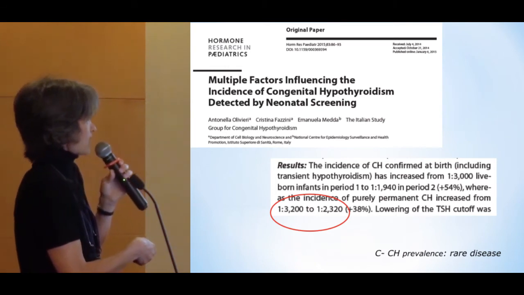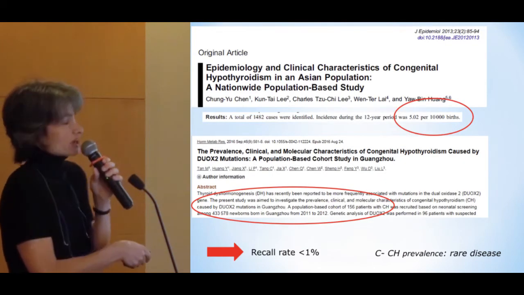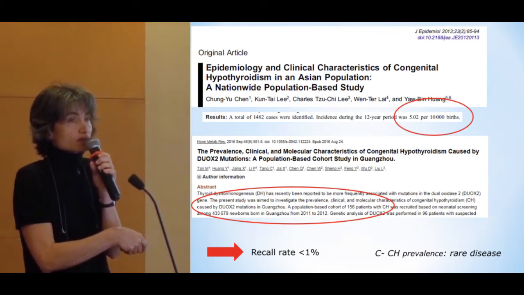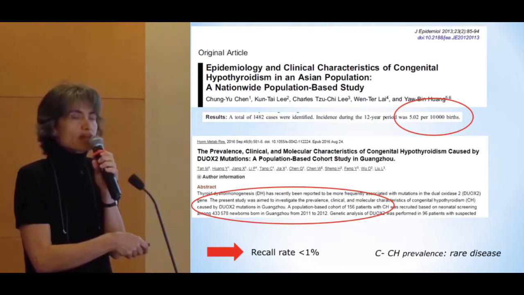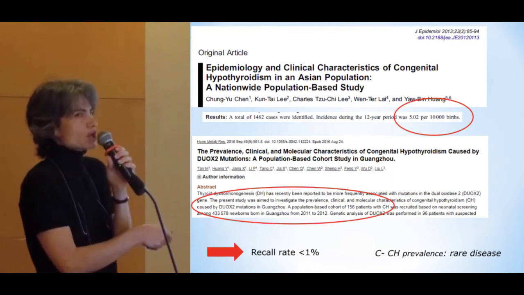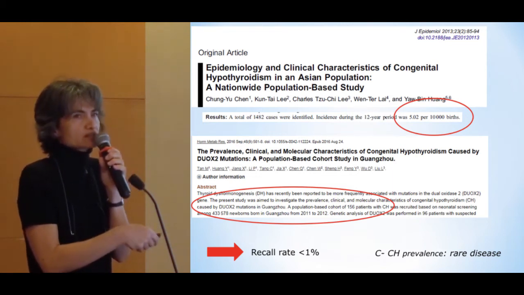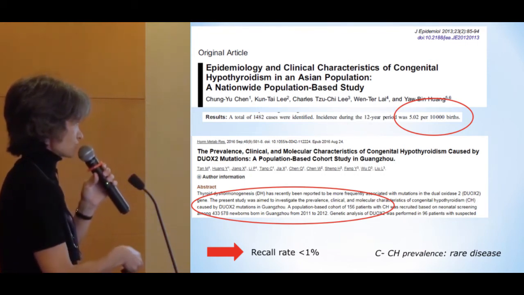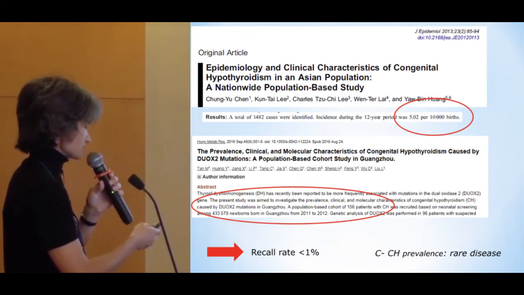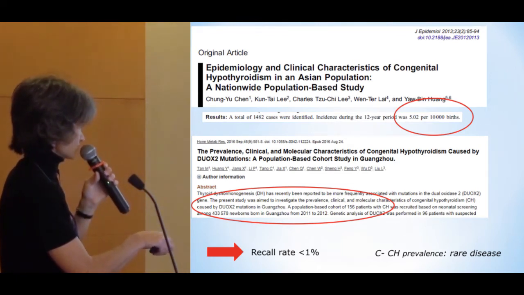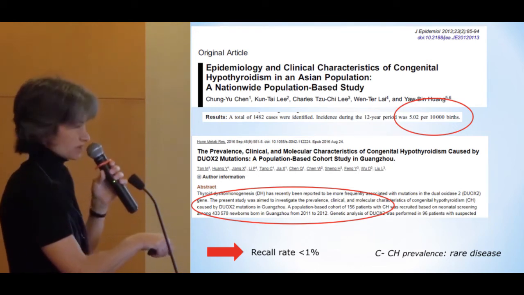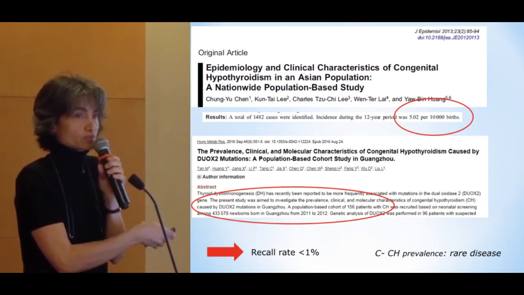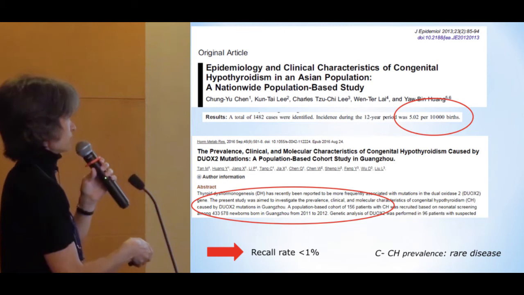What about in China? In China, it depends. I looked at the literature, and it depends a lot on the ethnic groups. But anyway, if you find that you have a prevalence just like ours in Europe, this tells us to start to think about the recall rate, which has to be, in this case, less than 1%, even far less than that, to reach the compromise that I've been telling you.